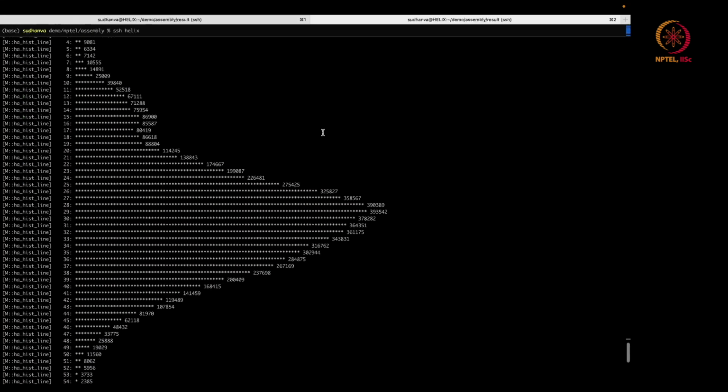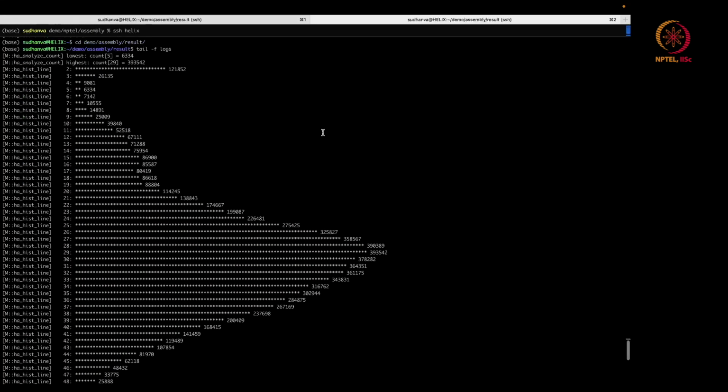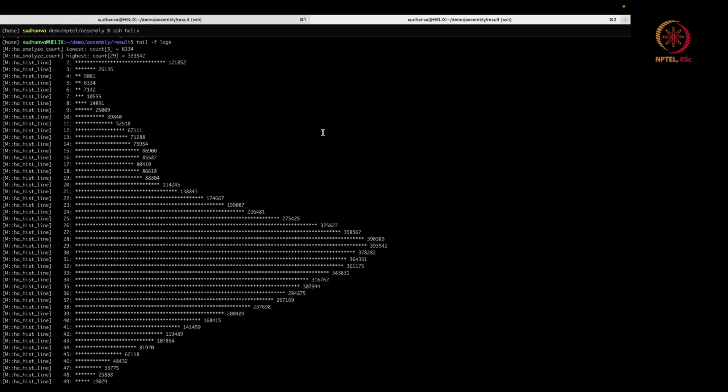Okay, so you can see here that hifiasm first generates a K-mer diagram. This diagram actually shows us how many K-mers there are, how many unique K-mers there are of a specific value.